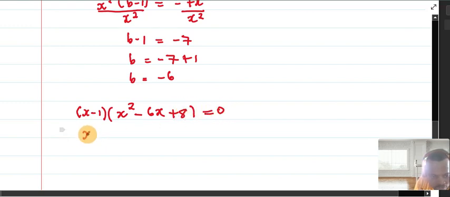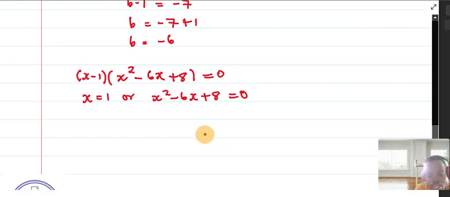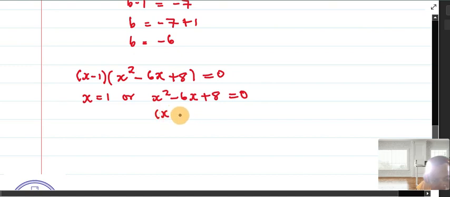You know the first factor, x is equal to 1, or x squared minus 6x plus 8 being equal to 0. So you now have to find the factors. How to find the factors? We want two factors with the same sign. When you multiply them, they give you 8. When you add them, they give you 6. There are no other factors except minus 4 and minus 2.